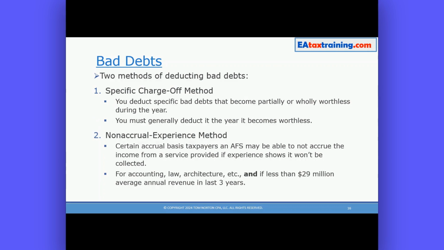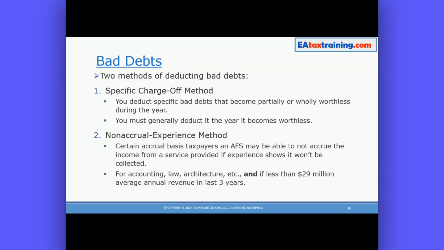So for law firms, accounting firms, architecture firms, etc., that are less than the 29 million average of revenue and have an audited financial statement, they can use this non-accrual experience method.